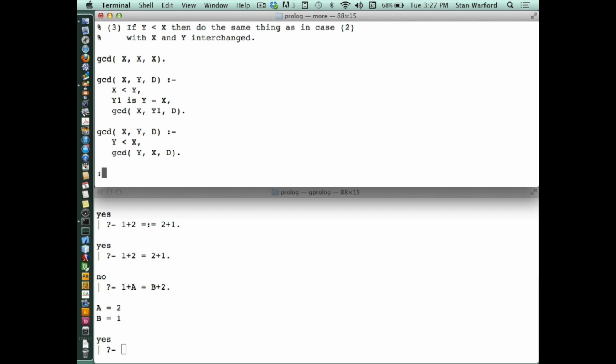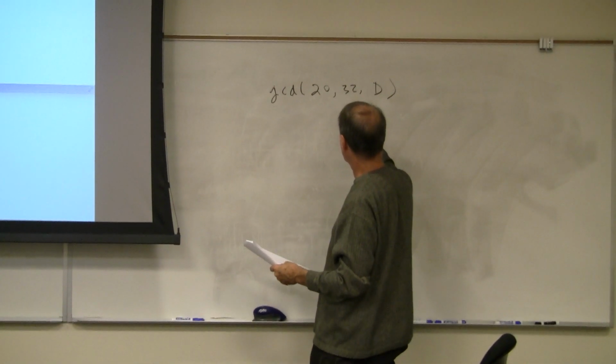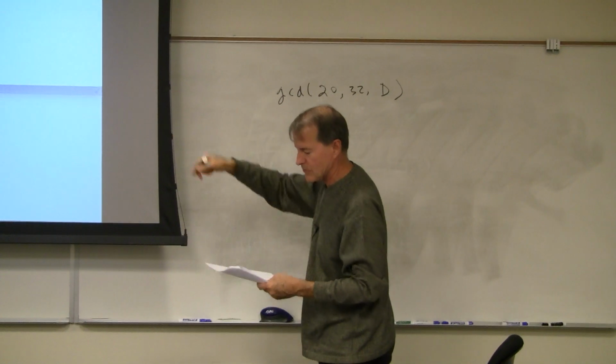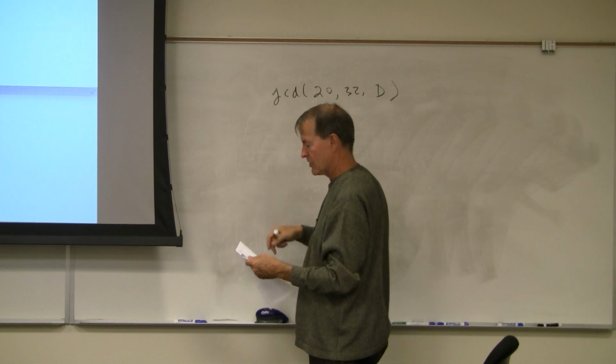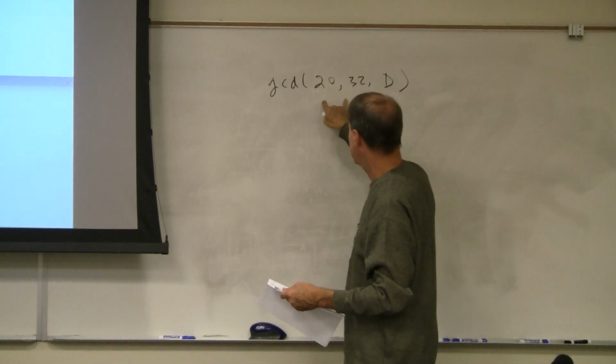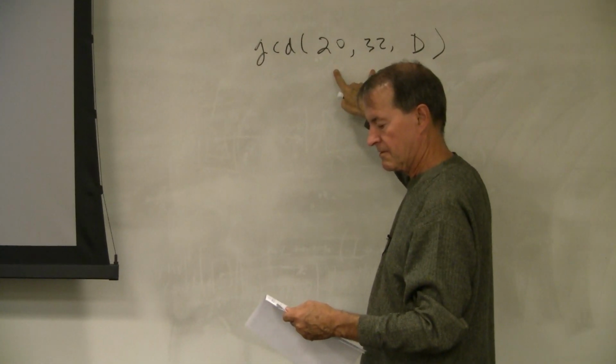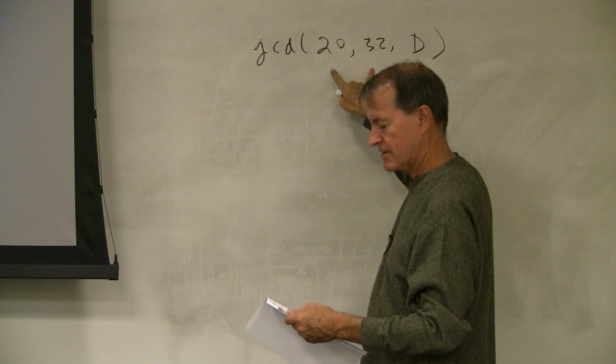So now let's see what happens. GCD 20 32 D is going to do what? According to this, what's it going to call? Is this less than this? Yes.